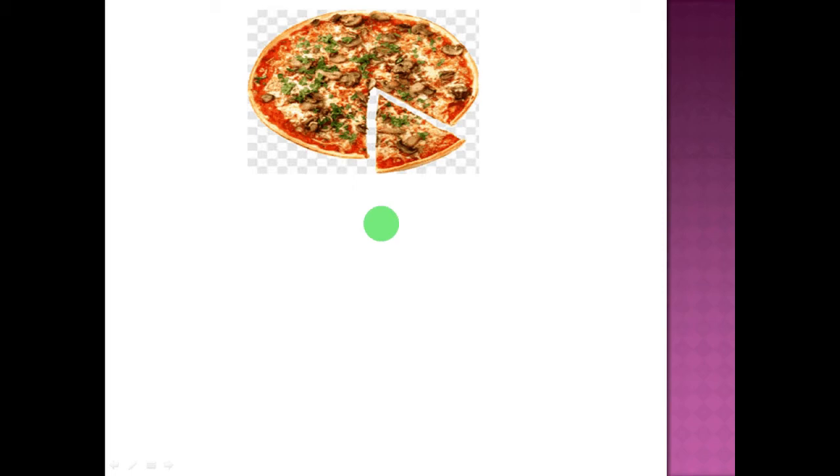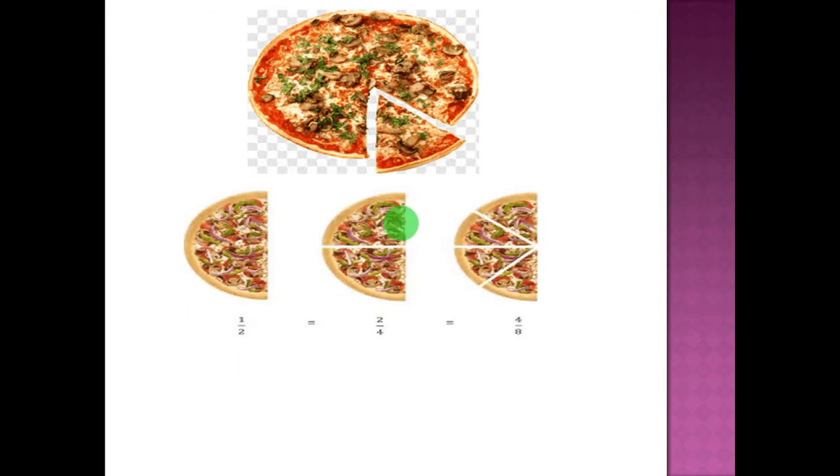Students, say you want to share some pizza with your friends or family members. How will you do it? Let us see one example here. One whole pizza is cut into two pieces. One piece is given to a friend or family member.